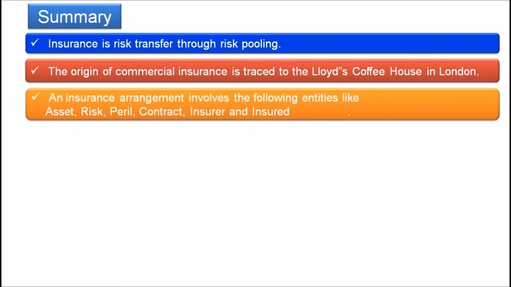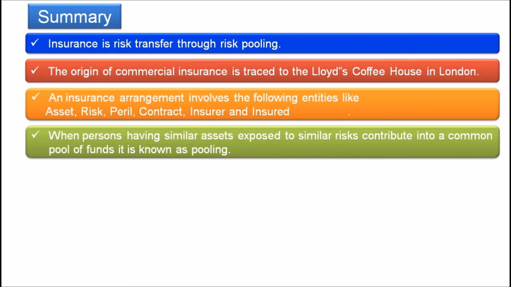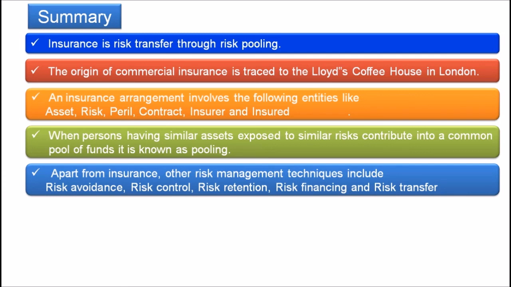I have explained all these things. When persons having similar assets exposed to similar risks contribute into a common pool of funds, it is known as pooling. Apart from insurance, other risk management techniques include risk avoidance, risk control, retention, financing, and transfer.